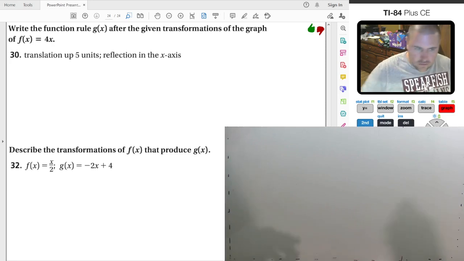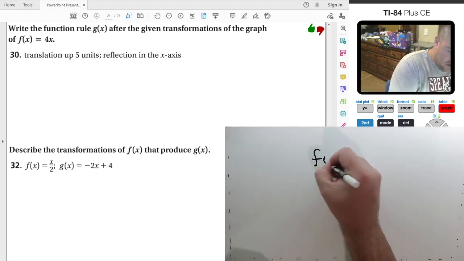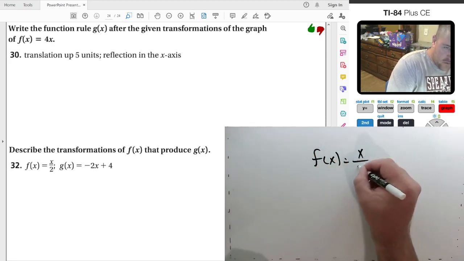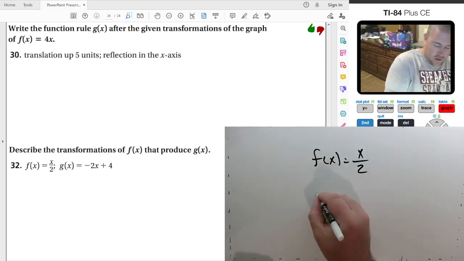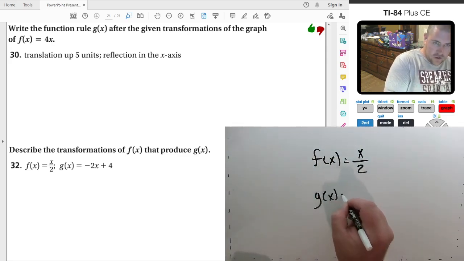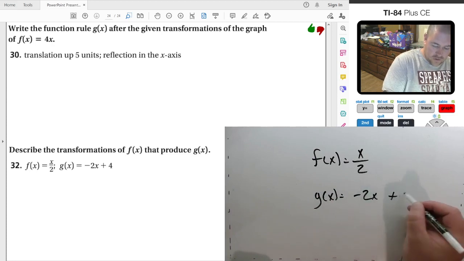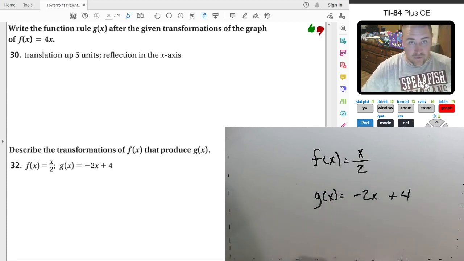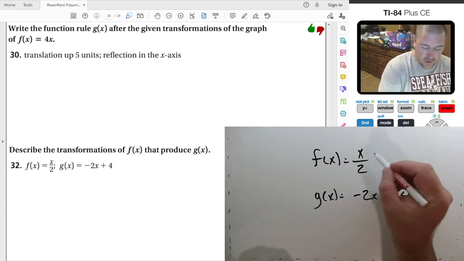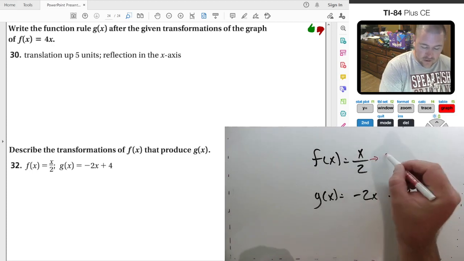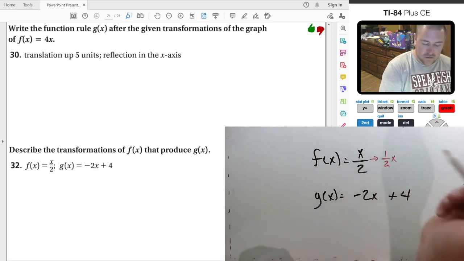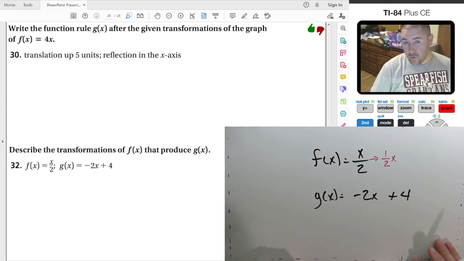And the last one, if I have f of x is x over 2, and g of x is negative 2x plus 4, how did I get there? Well, first would be maybe I should write that as 1/2 x, make it look a little more familiar.